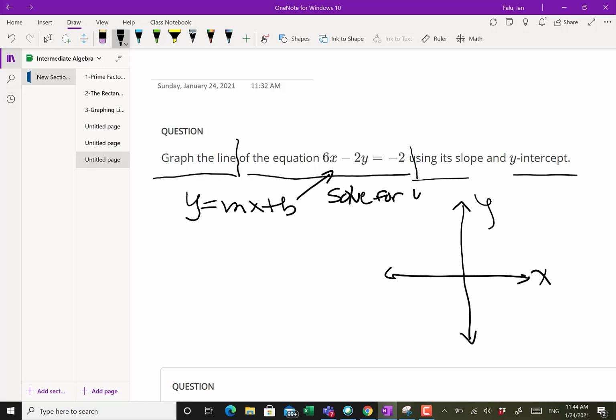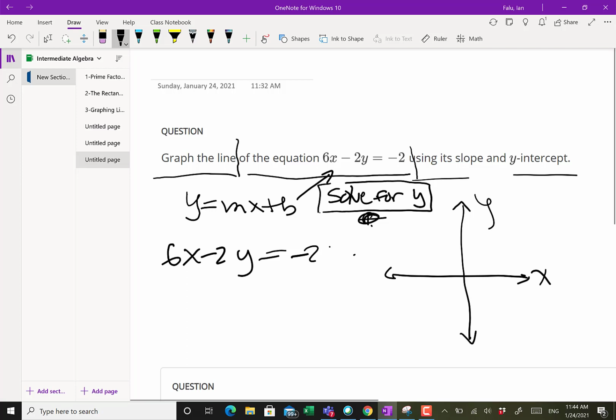Okay, so I like to write down what I need to do. That way I know what concepts I need to achieve. So solve for y. So I have 6x minus 2y is equal to minus 2, right? So if you're not versed in solving for a variable, this will be important.